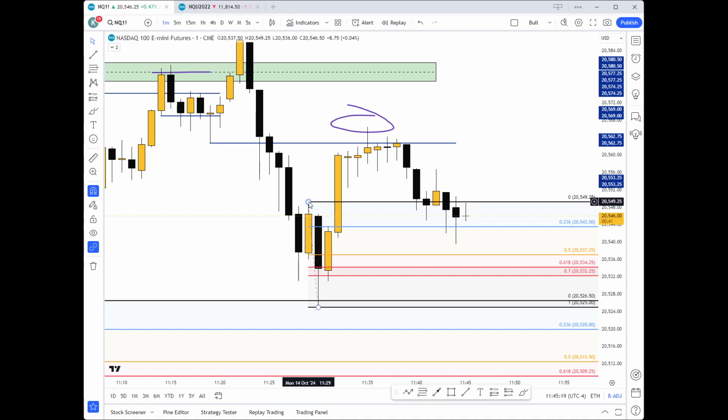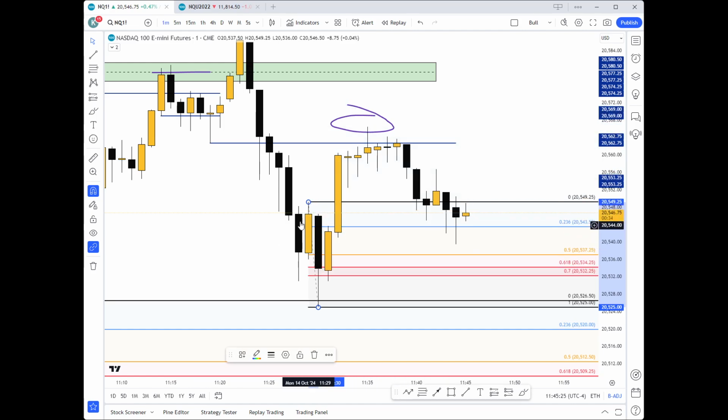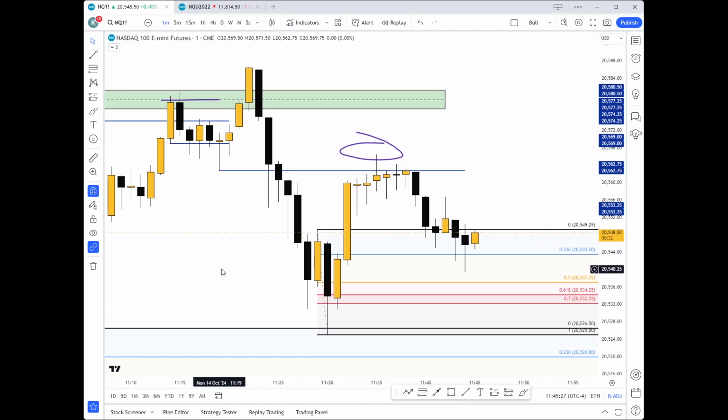This probably, yeah, I suppose that probably just touched into there, didn't it? Yep. Still looking for the change in order flow here. We did trade back in fairness. Be interesting to see where this candle closes.